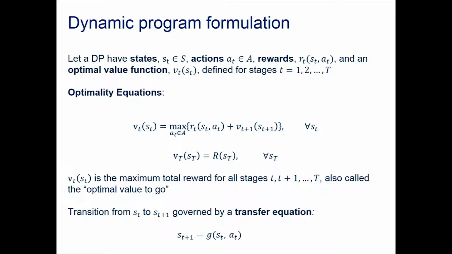And that transfer function I mentioned, it's not showing up here, but basically it's representing what the next state is, mapping that from the current state and current action. Okay, so that's just a basic deterministic dynamic program.